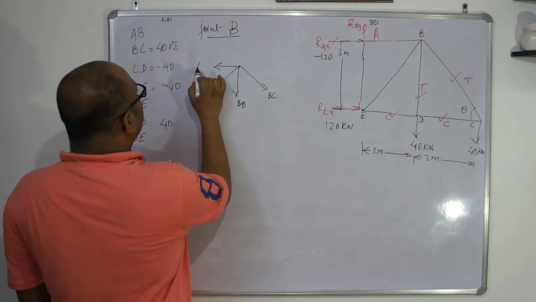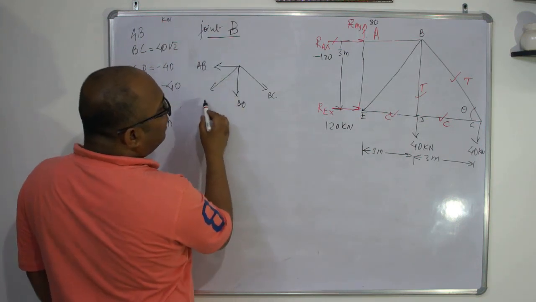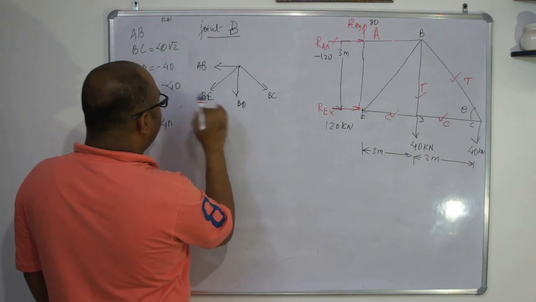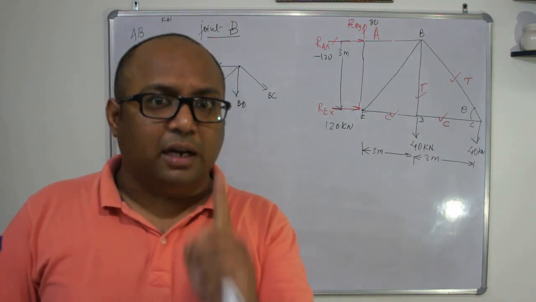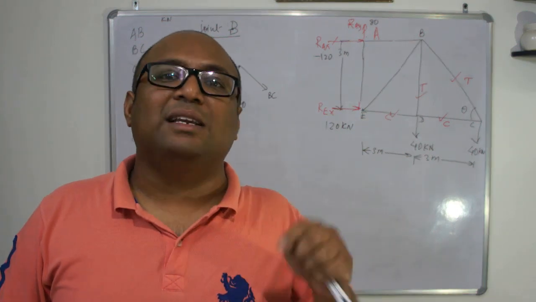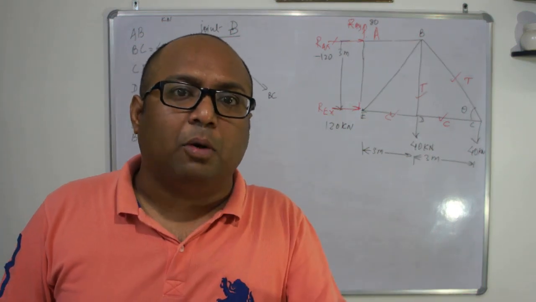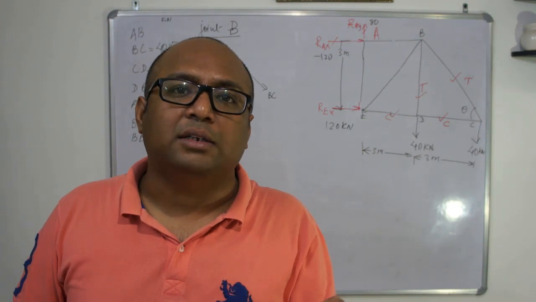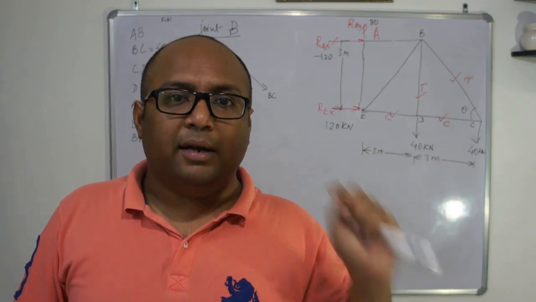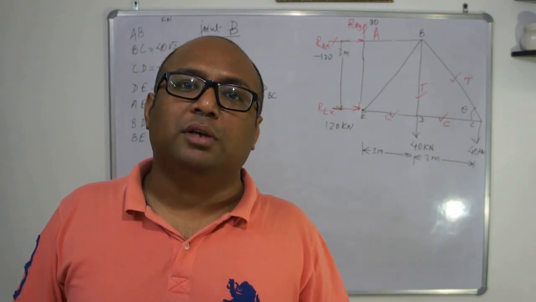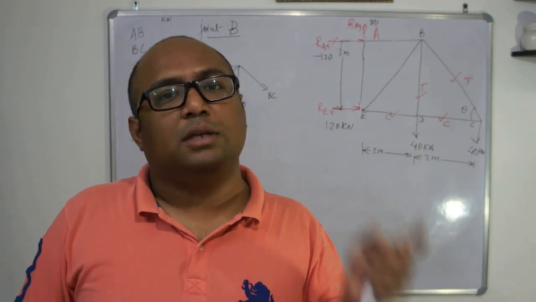We want to find the forces AB and BE. Till now I have not used the value of reaction. That is why I told you, you can judiciously decide by looking at the problem whether we need to find the reaction or not. But the general procedure is first to go for the FBD, then find the reaction and then choose a joint where the number of unknowns is 2 or less than 2.